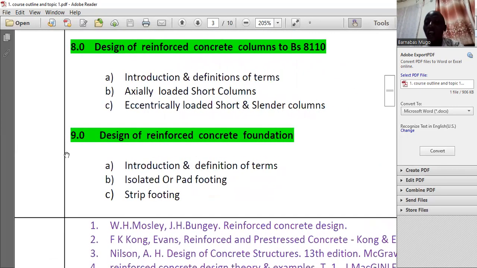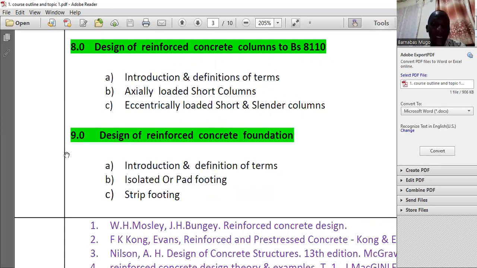We are also going to look at the design of reinforced concrete columns. When we are looking at the columns, we are going to see that we have two main types of column. We have the short column and we have the long column or the slender column. We are going to see how you can load the column either axially or eccentrically.